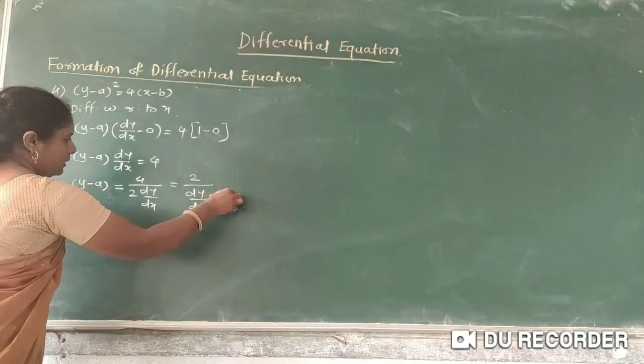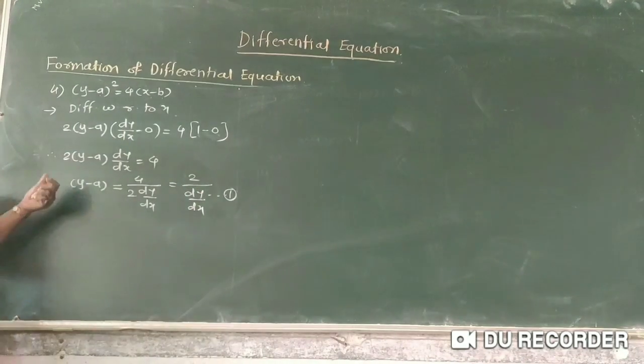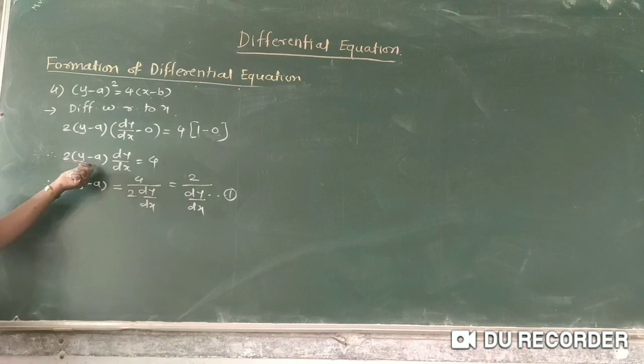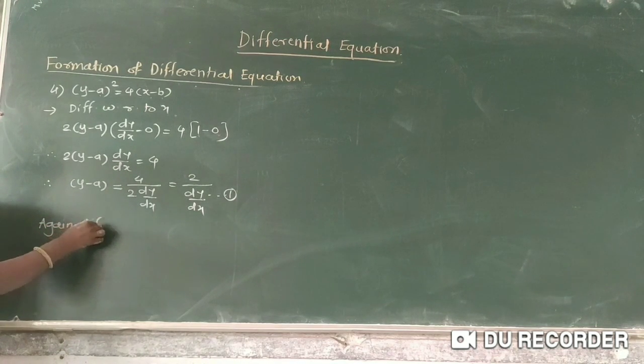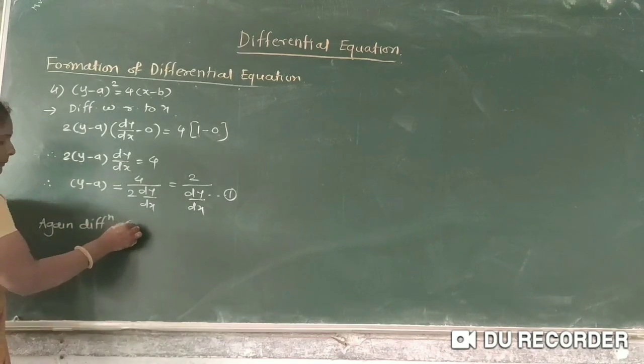Suppose this equation as a1. Next, again differentiate this equation with respect to x.